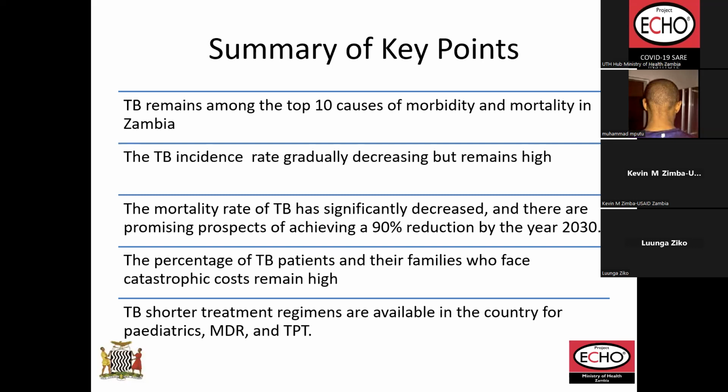Regarding treatment initiations, we've done very well. Most patients are connected to treatment. However, the treatment of choice still remains the longer treatment regimen, although the world is moving away from the longer regimen towards the shorter treatment regimen. So in the coming few weeks, we are going to interact again, where we are going to guide how people will start using the new 6-month treatment regimen, hoping that most of our patients will be put on it.